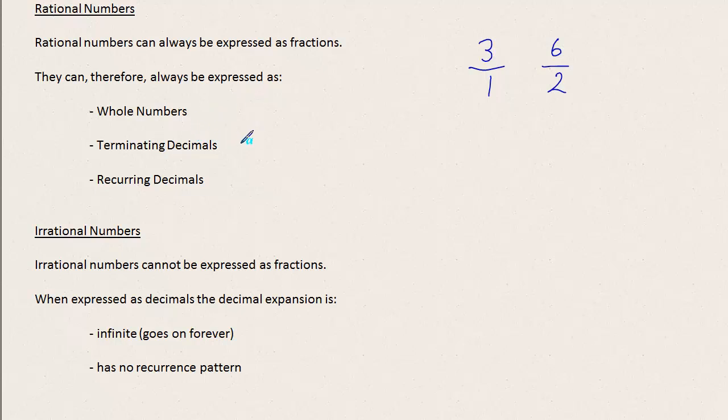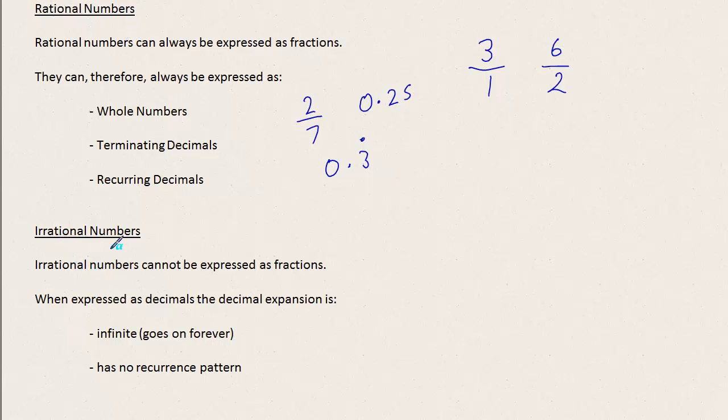As we've seen with fractions, they can also be expressed as terminating decimals or recurring decimals. So if we see a fraction or a terminating decimal or a recurring decimal, all of these are rational numbers.